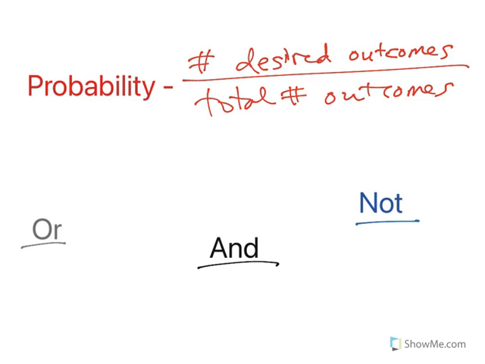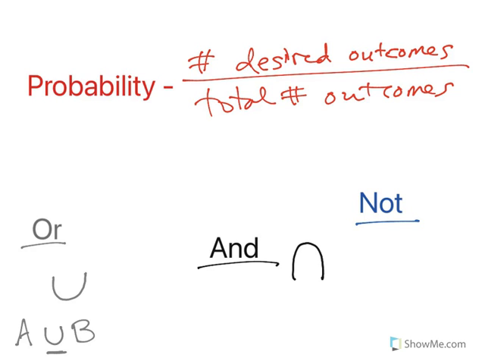Now, how do we note that? Because we're going to do today using symbols. So when we're talking about or, you're going to see it kind of as a U. So if we say, what is the probability of event A or B? It's got that U type symbol. When we get to and, the and symbol looks like an A without the line through it.